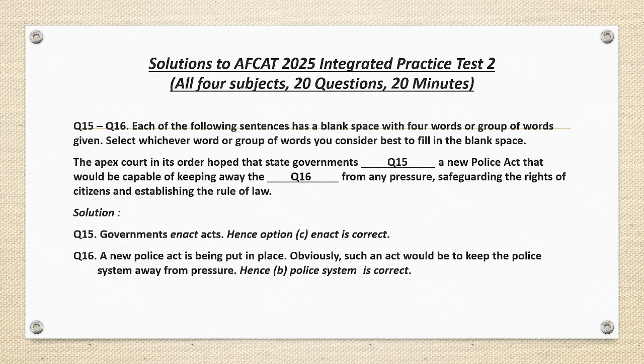Right. Now, which act is being enacted? A police act. Right. Now, obviously, a new police act is being enacted for what? To keep the police system away from pressure. Right. So option B, police system, is correct.